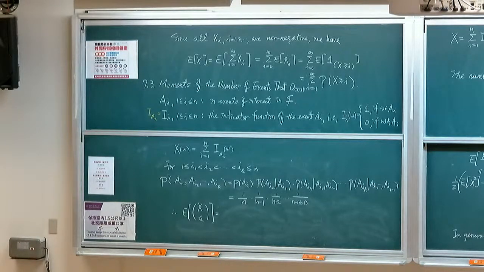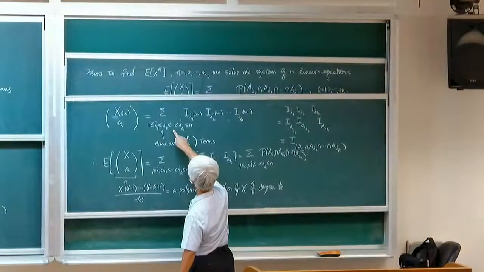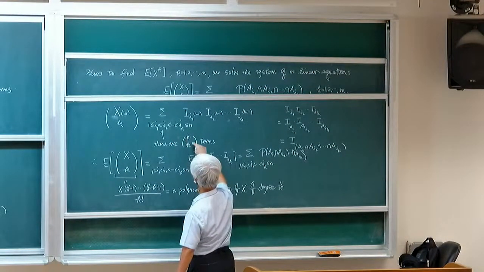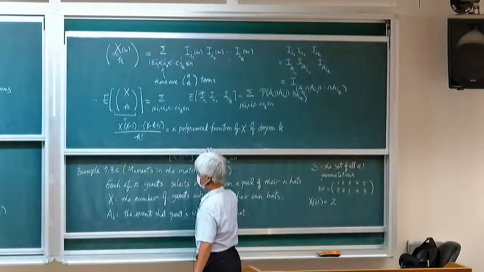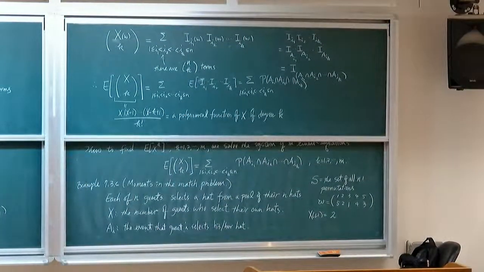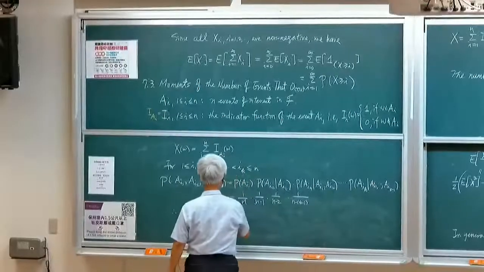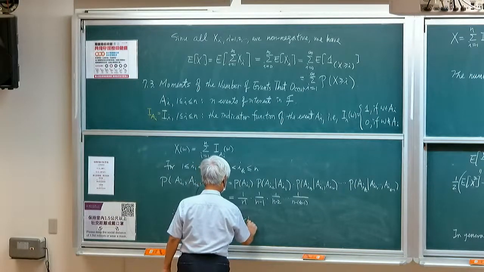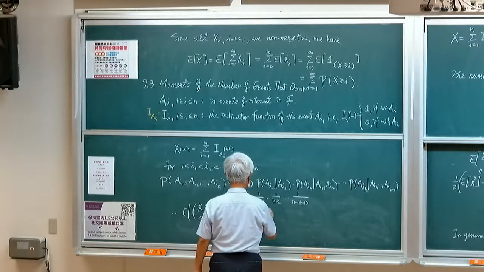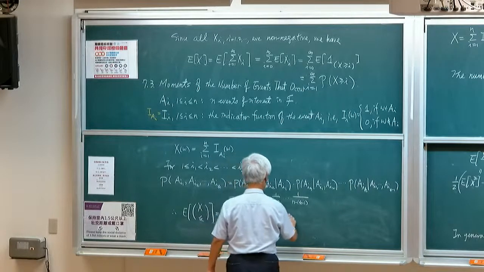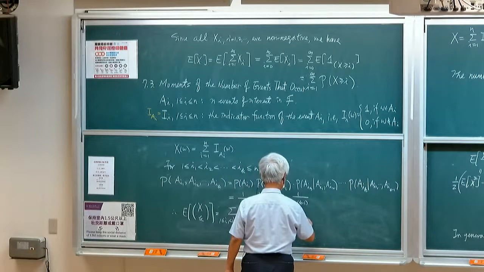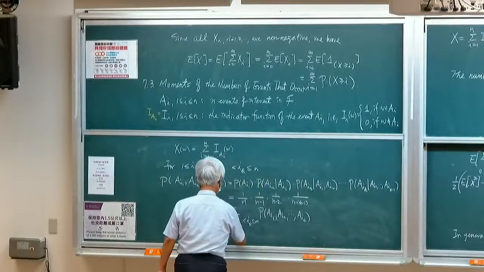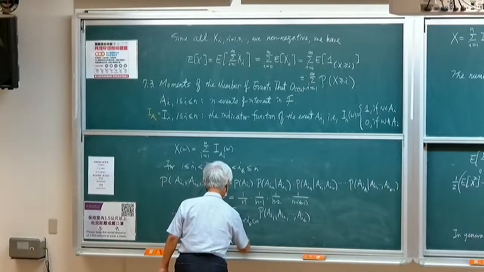But how many terms are in this sum? Well, we have n choose k, because here we have i1 up to i sub k, and the probability of A_i1, A_i2, up to A_ik.